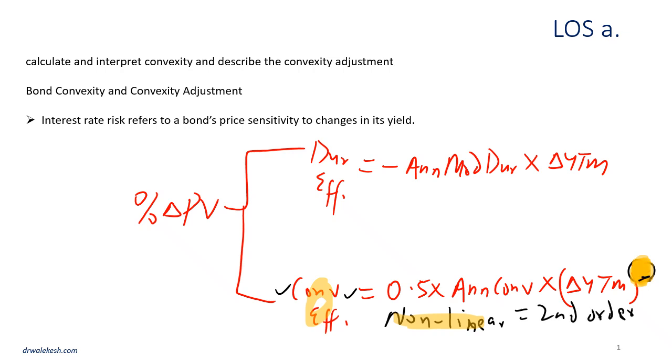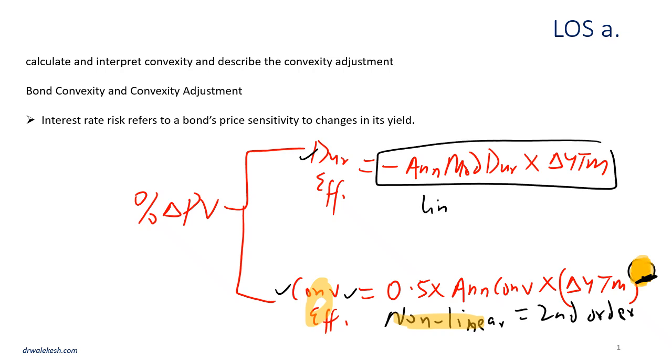So it has a second order effect because of these two. But looking at this duration formula, it would obviously be linear, and we could conclude that it has a first order effect.